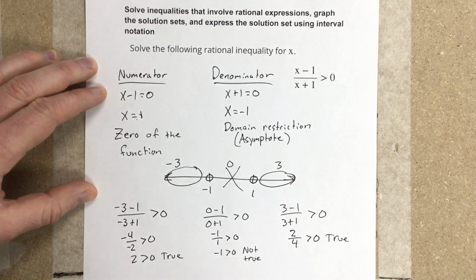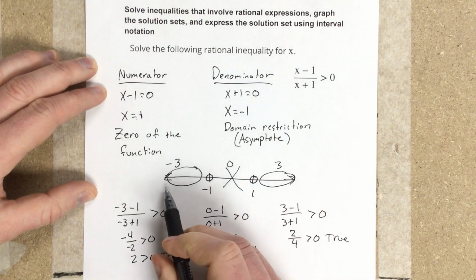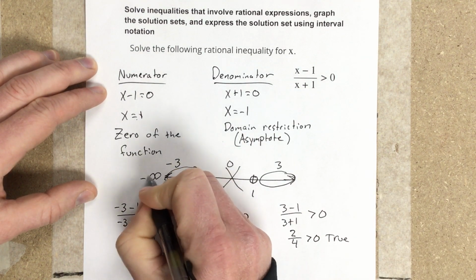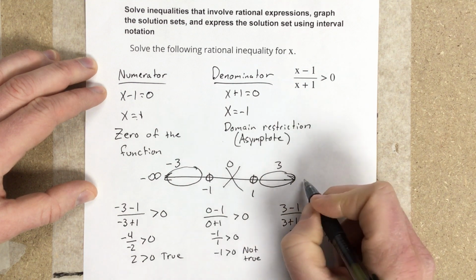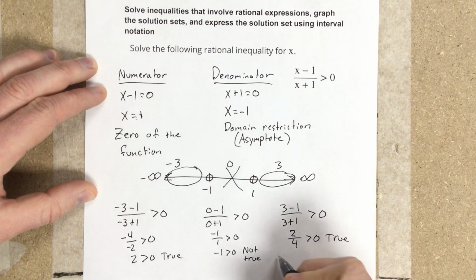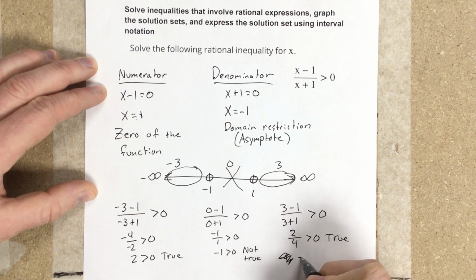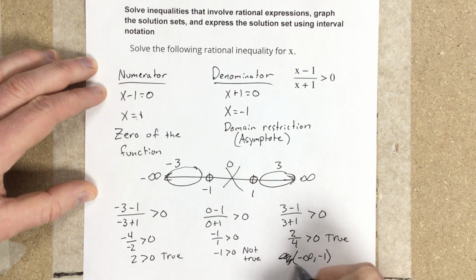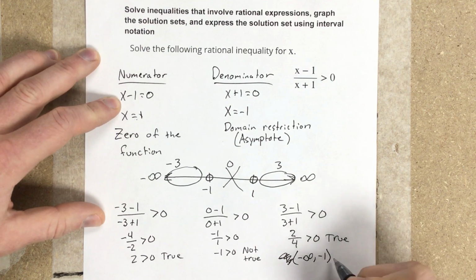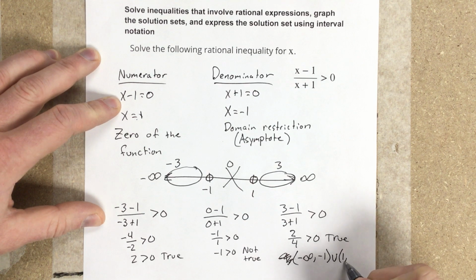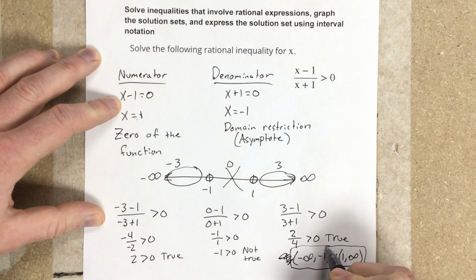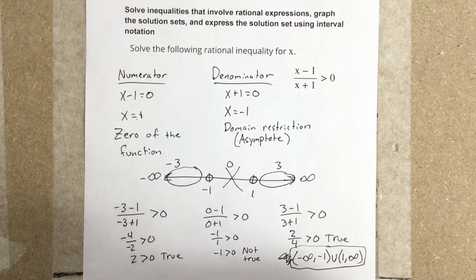So our solutions are going to be from -infinity to -1, and then from 1 to infinity. So we should write that as -infinity, comma, -1, parenthesis on the -1, and then union 1 to infinity. That's how you solve rational inequalities.